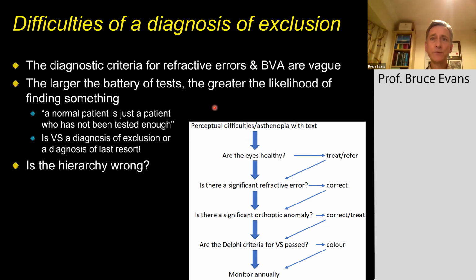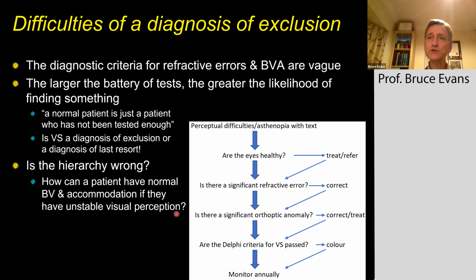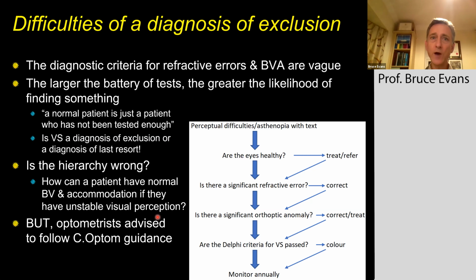The other point that I would make is maybe one day in the future, we will look back at this pathway and we will say maybe the hierarchy was wrong. How can a patient have the normal binocular vision and accommodation that we say they need to have if they have visual stress that's causing unstable visual perception? If they have visual stress that's making words appear to blur and move on the page in a sensory way, then that will interfere with the feedback loop that's required for accurate accommodation and binocular alignment.